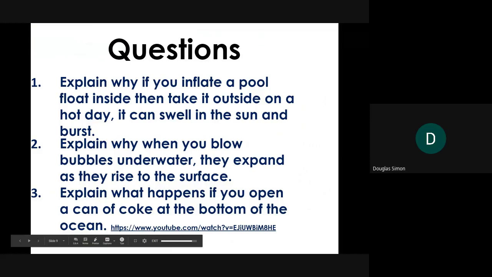So when you open a can of Coke at the bottom of the ocean, it's pretty much completely flat because the pressure outside is so high that it's basically the same as the pressure of the carbon dioxide inside, which means it won't bubble. The only reason cans of Coke bubble is because we are lowering the pressure when we open the can, and therefore the carbon dioxide can dissolve out of solution and form bubbles.